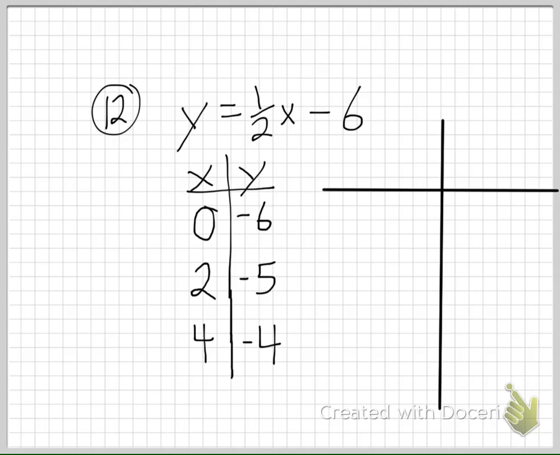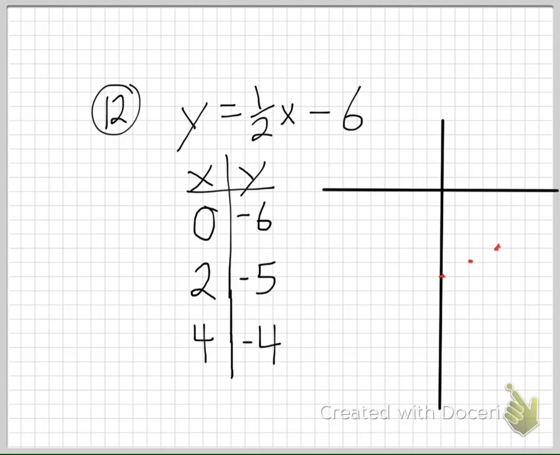So I go left to right none and down 6. And then I have 2, negative 5, so I go to the right 1, 2, and down 5. And then I have 4, negative 4, so I go to the right 4 and down 4.